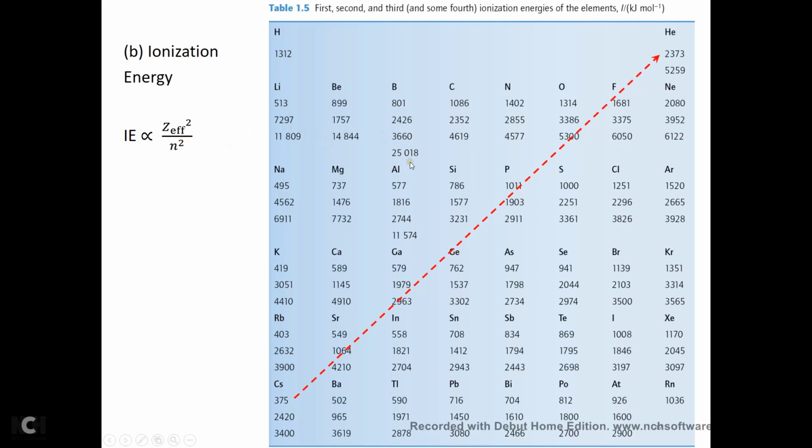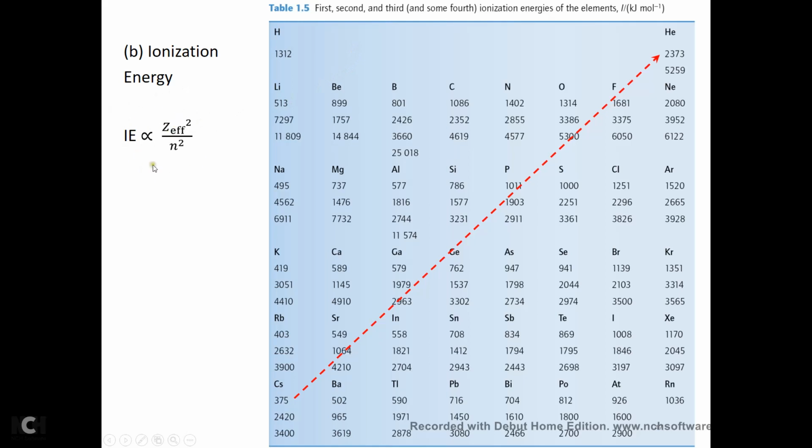That's why this fluorine has a much larger ionization energy than cesium, 375, 1681. And also, if you draw this arrow, you can realize this: from left to right, the ionization energy increases. From bottom to top, the ionization energy increases.